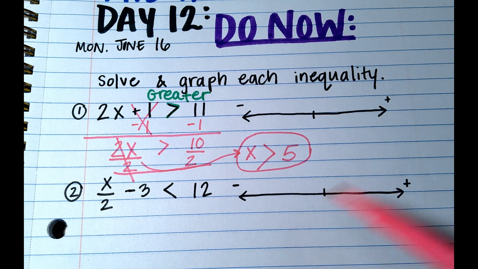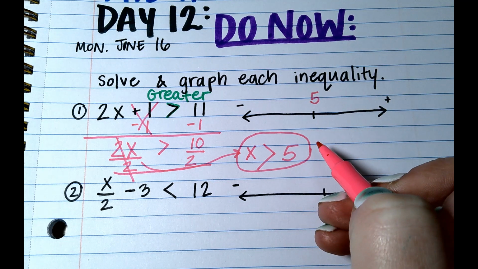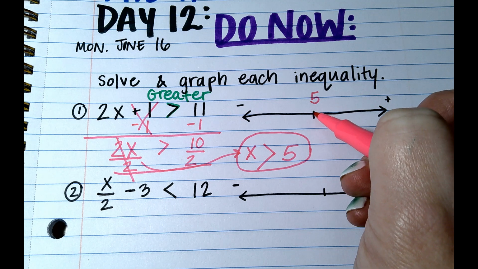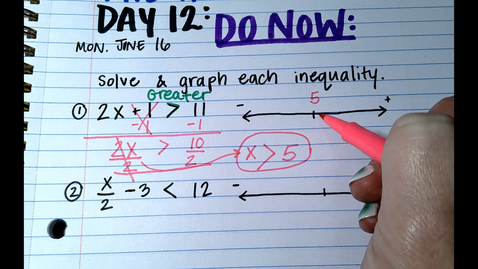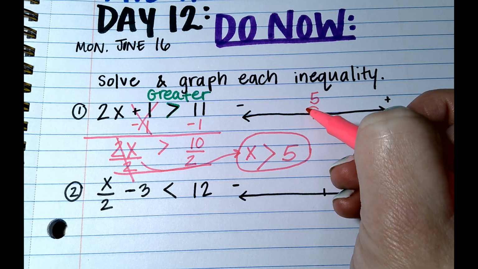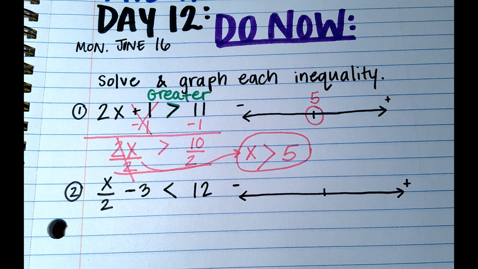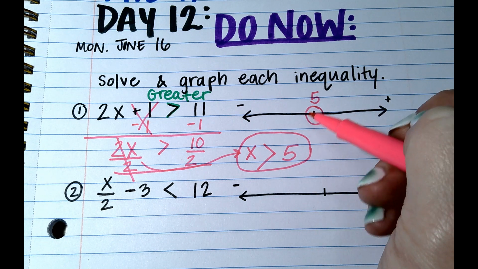Put 5 in the center. Yes, put 5 in the center. And then what? I'll put 5 right there. What am I doing right here? You graphed it. We want to circle. Do I color my circle in? No, I don't color in my circle because we're not including 5.